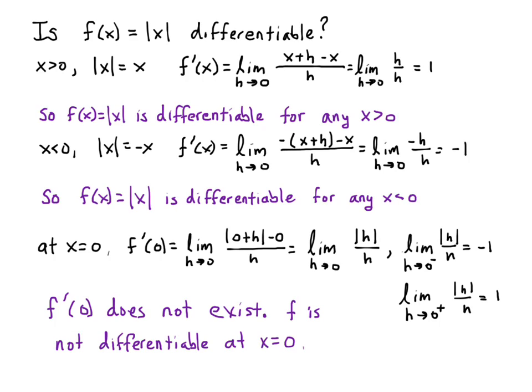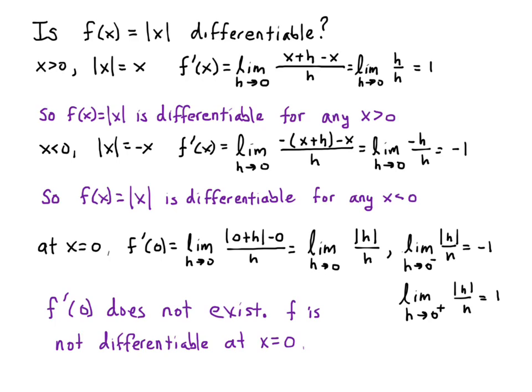So we look at this and think, what's the slope of this particular graph at 0? Well, there's no unique tangent that sits there. You could make an argument for many values, and that's not right; it has to be a particular value. So the derivative does not exist at x equals 0, and the function is not differentiable there.